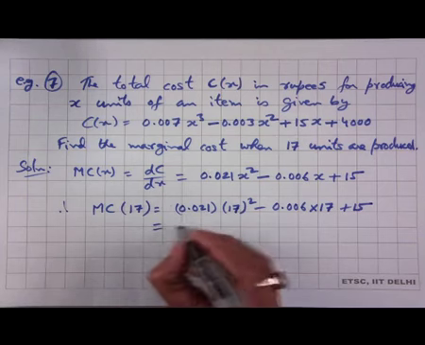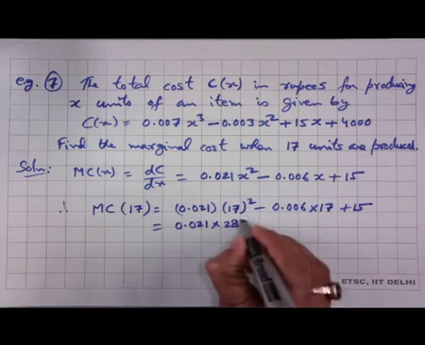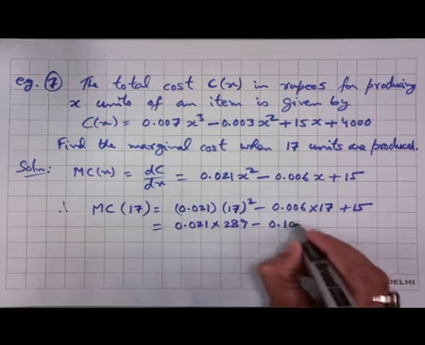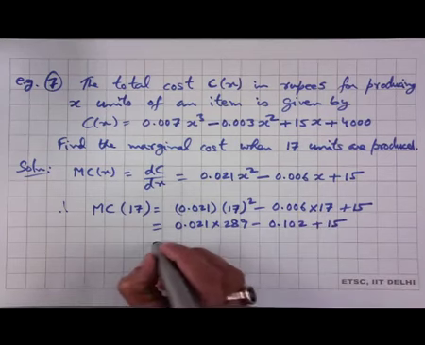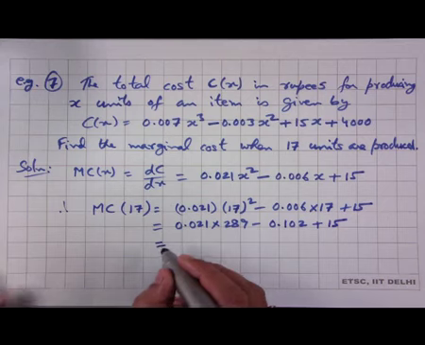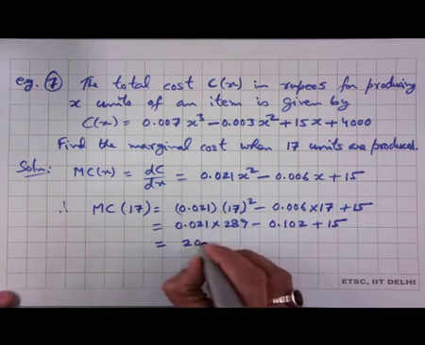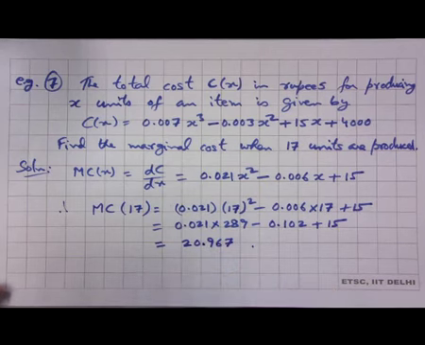And this is 0.021 times 289 minus 0.102 plus 15, and if you calculate, you get 20.967. This is the marginal cost.